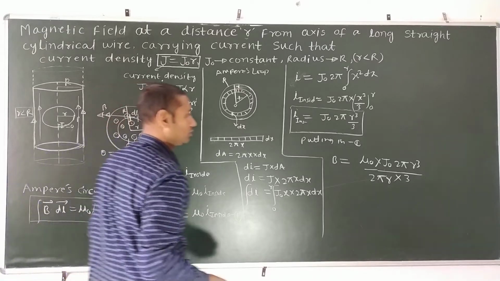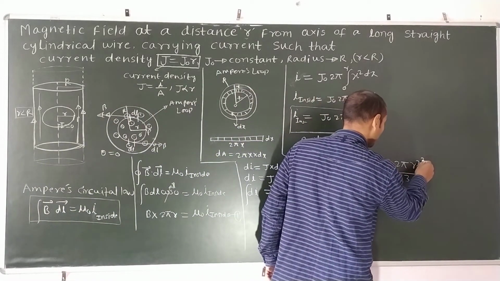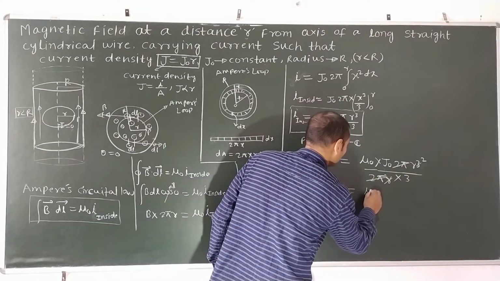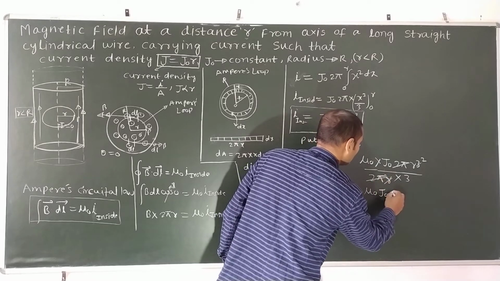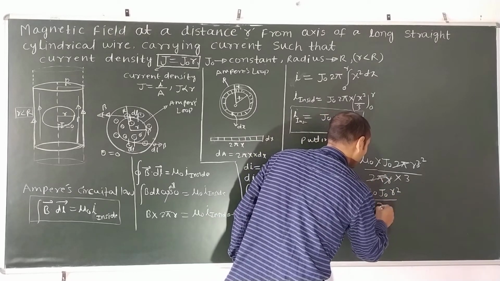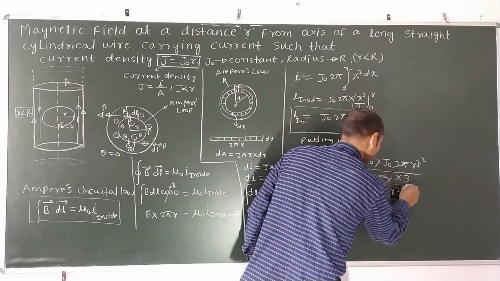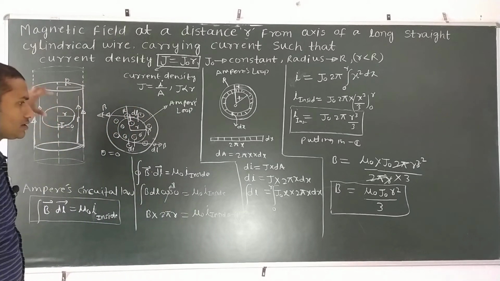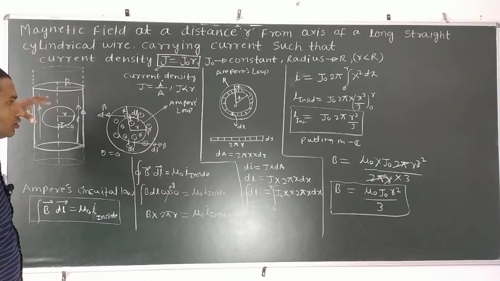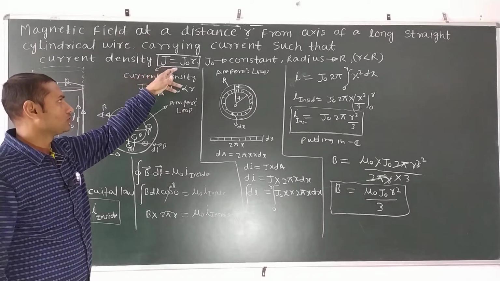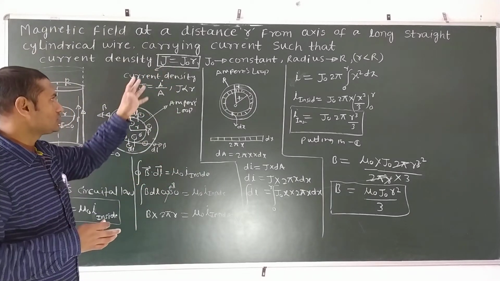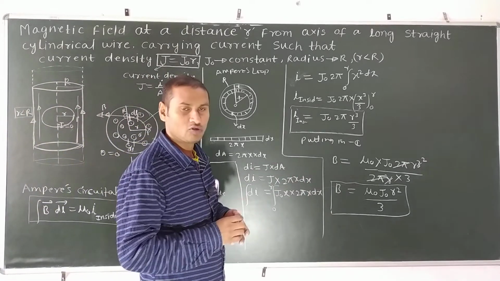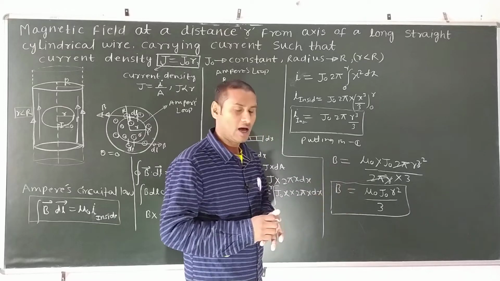The r and the 2 pi cancel out, and B becomes mu naught J naught r square divided by 3. This gives the magnitude of the magnetic field at a distance r if the current is not distributed uniformly, that is, it follows J equal to J naught into r, meaning the current density is directly proportional to r. In this case the magnetic field is mu naught J naught r square divided by 3.